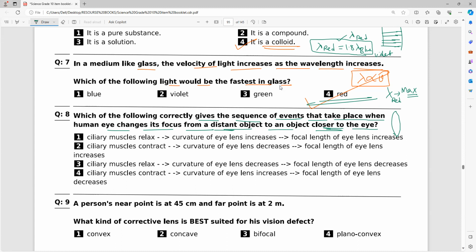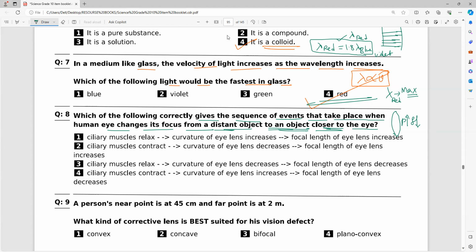So the focal length decreases, thickness increases, power increases. When we are seeing near objects, we need less focal length and greater power. So what is the correct option? Anybody?